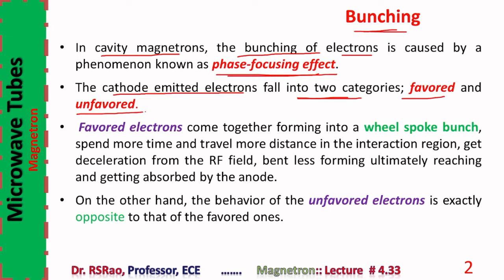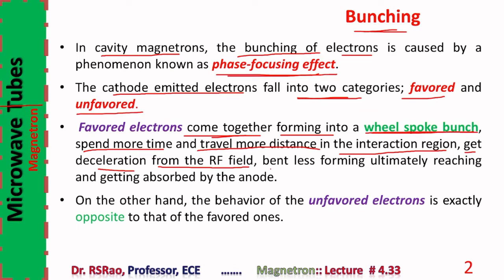Now, some more points regarding favored electrons and unfavored electrons. Favored electrons come together, forming into a wheel spoke bunch, spend more time and travel more distance in the interaction region, and get decelerated by the RF field. This deceleration is actually the reason for the transfer of energy from electron bunch to RF field.